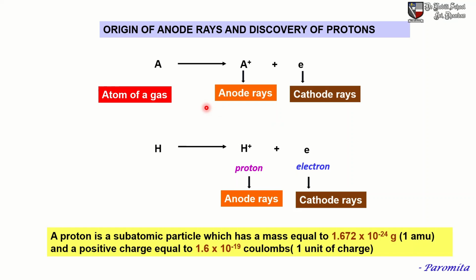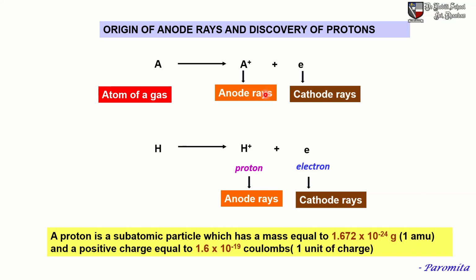Electrons are negatively charged particles, so the atoms must be left with an equivalent amount of positive charge. This is an atom of a gas, A. Now, this is A plus and an electron. It is these positively charged particles that constitute the anode rays.